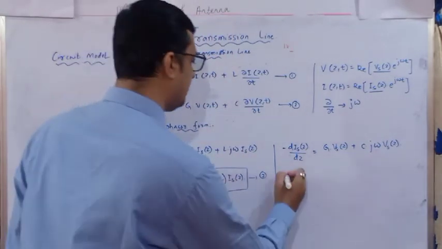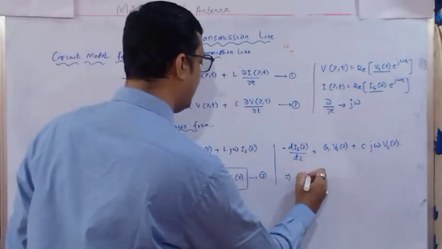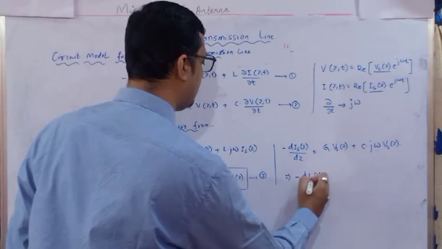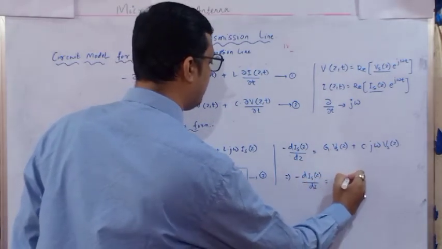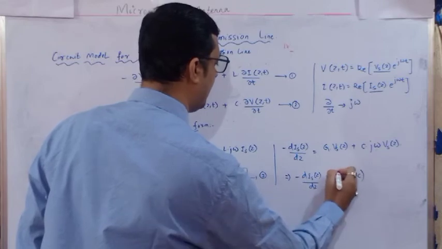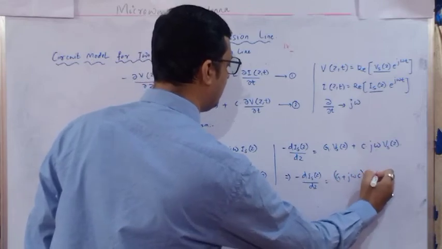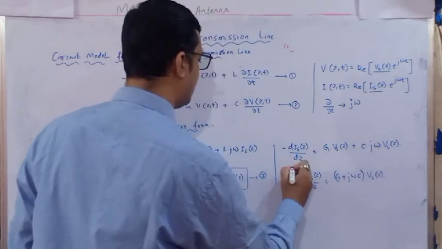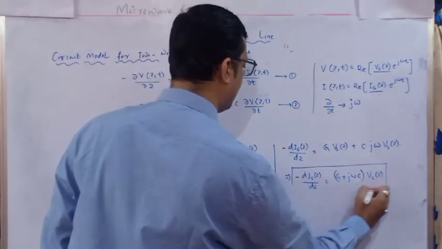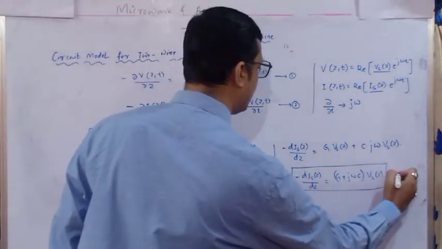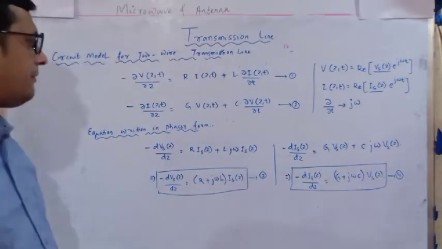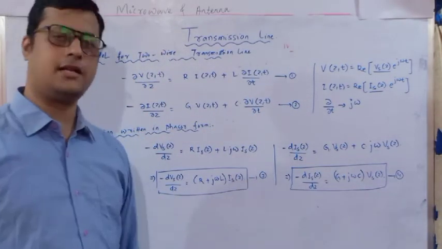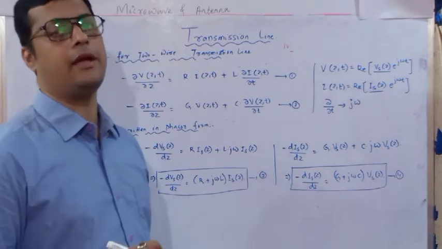So I can write minus dIs of z by dz equals G plus j omega C into Vs of z. This is the fourth equation, the phasor form of equation 2. Now with the help of these two phasor equations, we have to derive the wave equation.